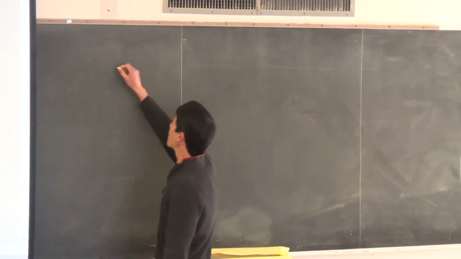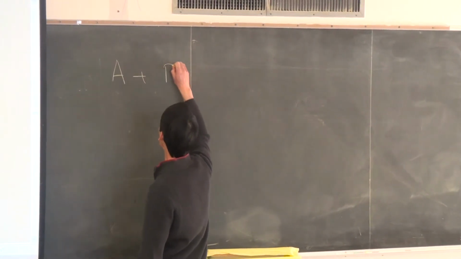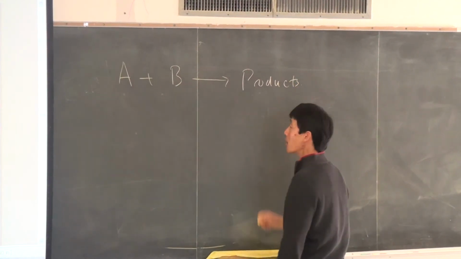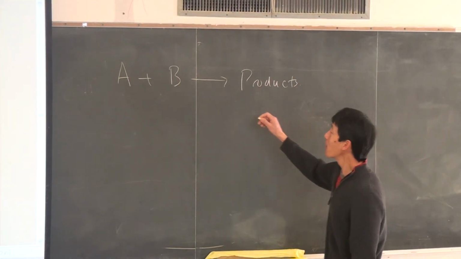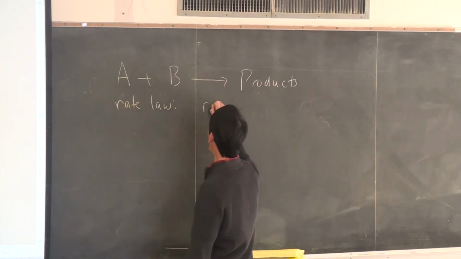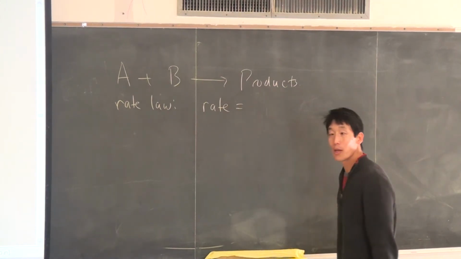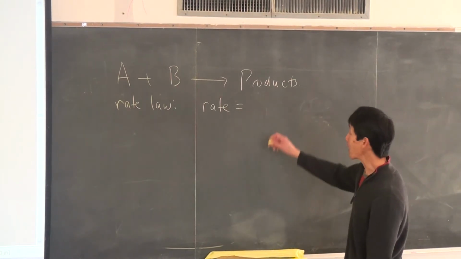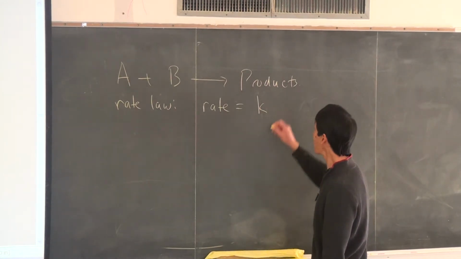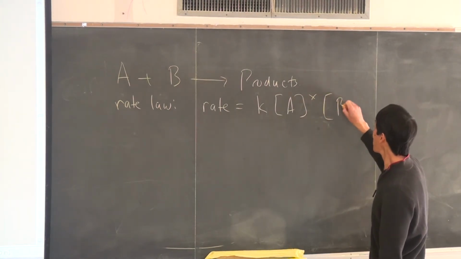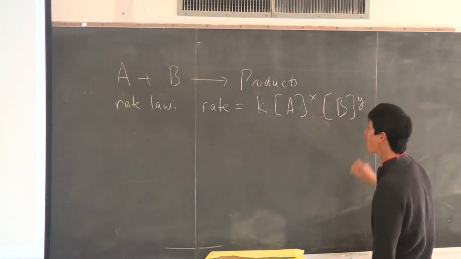Okay, so let's say you have this reaction. You have A plus B going to products. And then we can represent the rate law by the following equation. So here's our rate law. The rate is equal to K times A to the X power times B to the Y power.